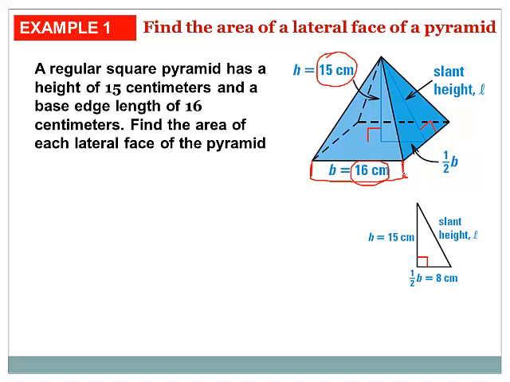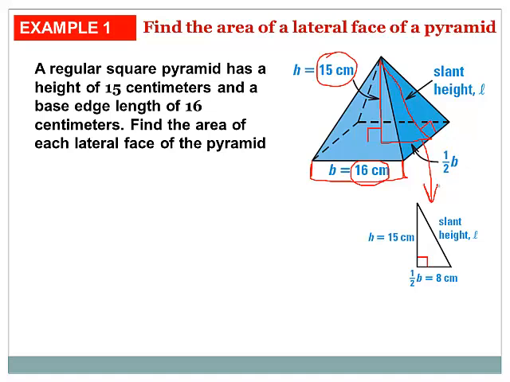And we're trying to find the slant height. So what we did when we're trying to find the slant height, because we're going to need that to find the area of the lateral face, we've come down here and we've constructed a smaller triangle. So if you look, it's that blue triangle inside of here, so I'll outline it for you. This triangle here is the one that we're looking at down here. So we are half of the base, because the height, when it drops down, remember, is an apothem.